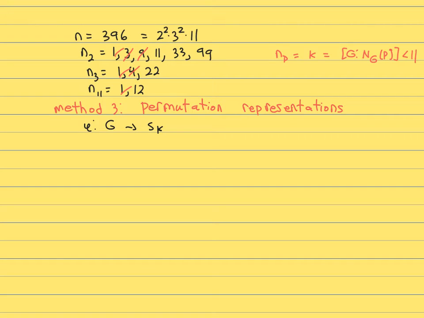So in our case, G is going to act on the Sylow 11 subgroups. So k is actually 12. So what does this 12 represent? It's also the index of the normalizer N_G of any Sylow 11 subgroup.